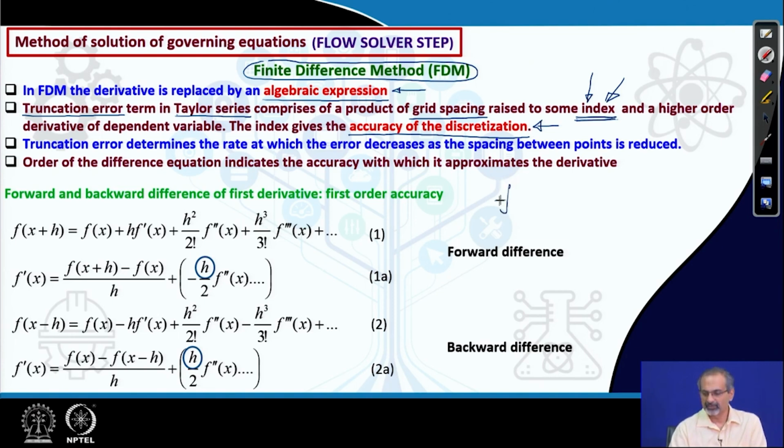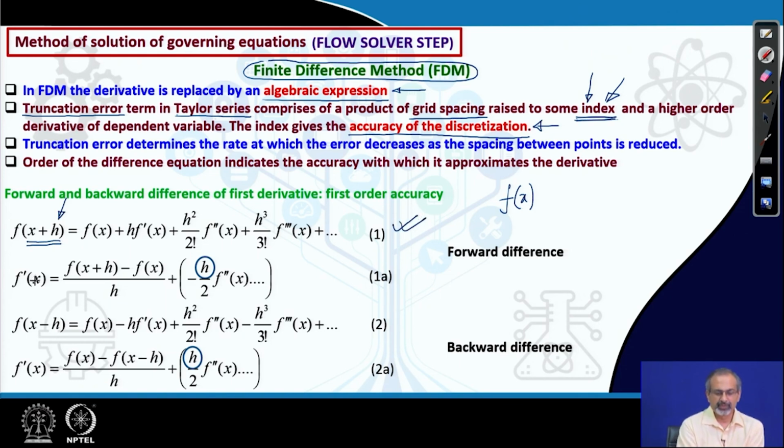So, we have a function f(x) which is going to be expanded about the point x, and we are going to go a slight distance away from that point x, which is indicated by h. So, we can apply the Taylor series approximation to obtain the value of f(x+h), which is given by this equation.